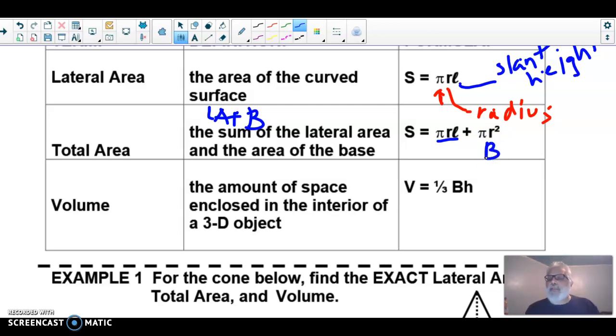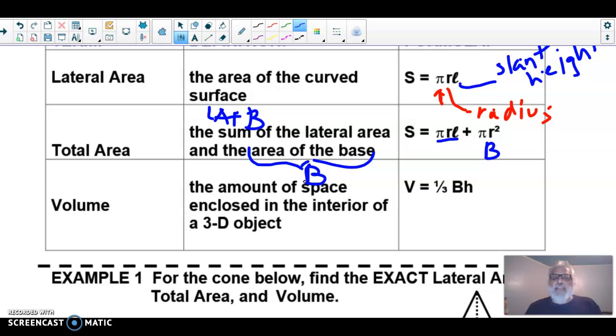Pi r squared is the area of a circle. So whenever you see the area of the base, that whole part is going to be capital B. Remember, it has to be uppercase B. That is area of the base.